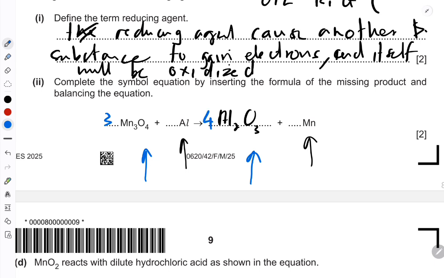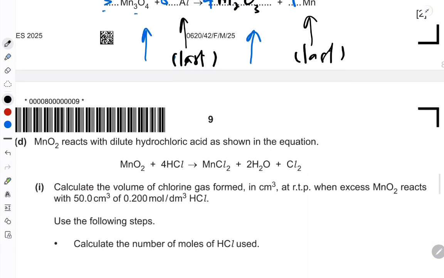Here 4 times 3. Now once you've got that, on your right hand side you have a total of 8 aluminiums. So you put your 8 aluminiums, and on your right hand side again 3 times 3, you end up with 9 manganeses, right? So work with elements which are all on their own last. The smaller the chemical, the easier it is to balance. Next, D.